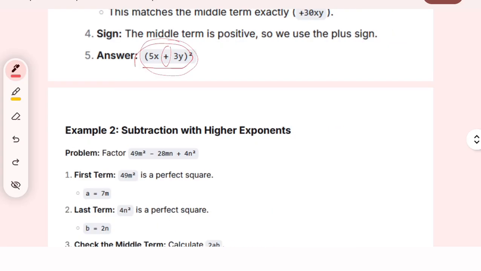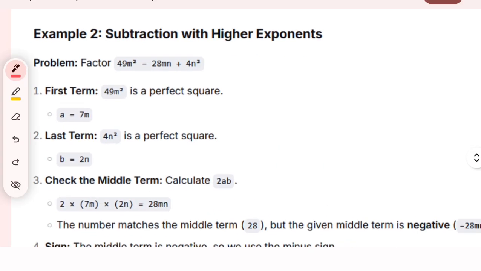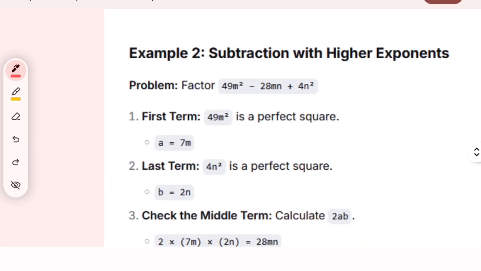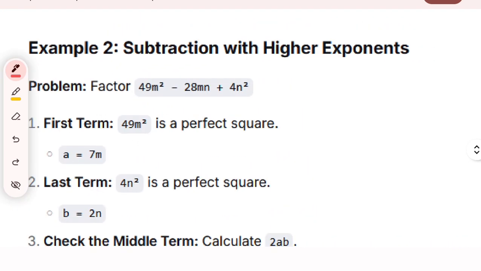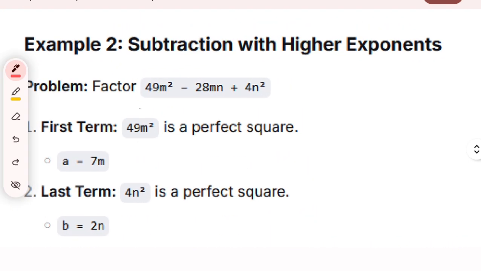All right. Let's try another one. This is the last example, and let's see if it is a perfect square trinomial. Here's 49m squared minus 28mn plus 4n squared. So there are two variables involved, m and n.